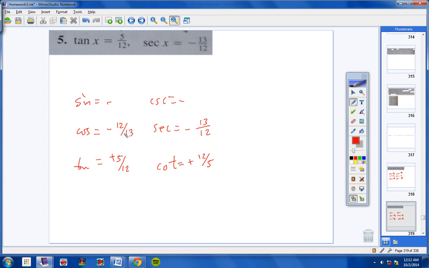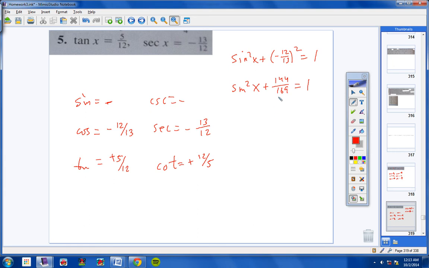And I know cosine, so real quick I can find sine. I'm going to use my Pythagorean identity. Sine squared plus cosine squared, which is negative 12/13 squared, equals 1. So sine squared plus 144 over 169 equals 1.